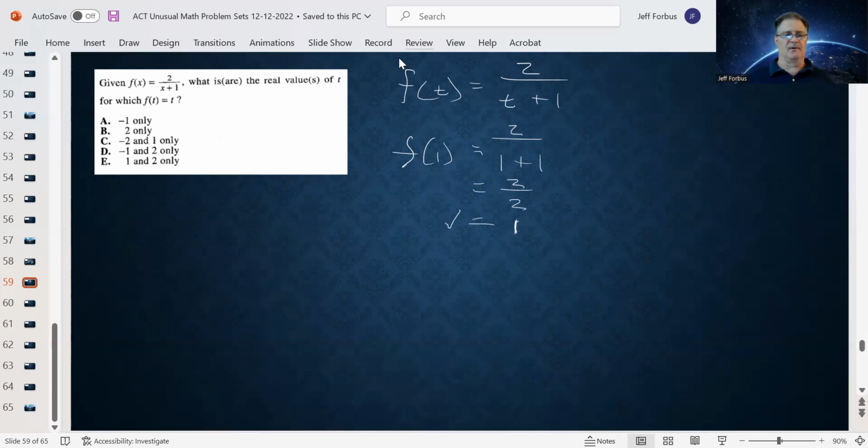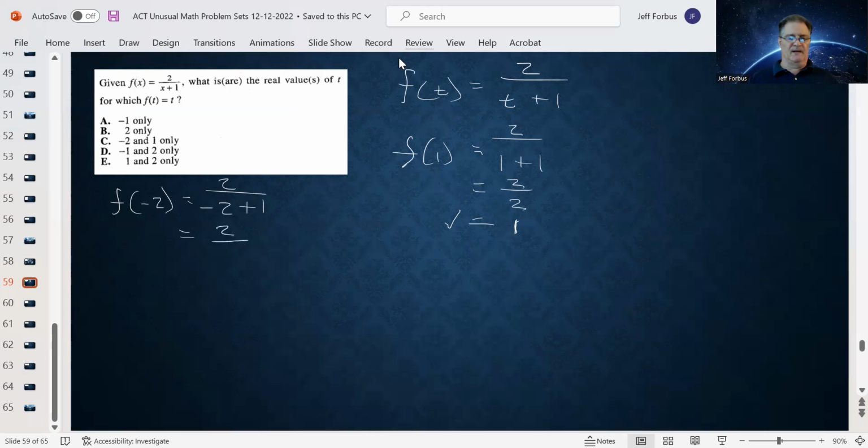So let's test another number. Let's test it over here on the left. Let's test, I don't know, let's test -2. So f of -2, that's going to be equal to 2 divided by -2 plus 1.